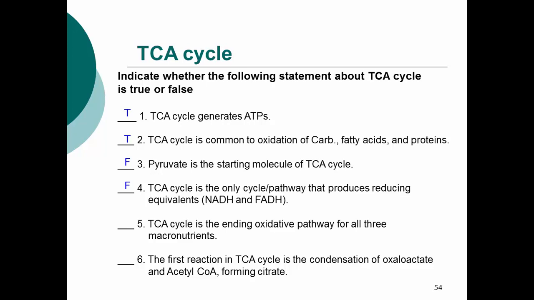And 5. The TCA cycle is the ending oxidative pathway for all three macronutrients. I know some of you think yes, some of you think no. Well, it depends. If we're thinking just about the carbon metabolism, this is yes, because we break down the carbon to CO2 and water.